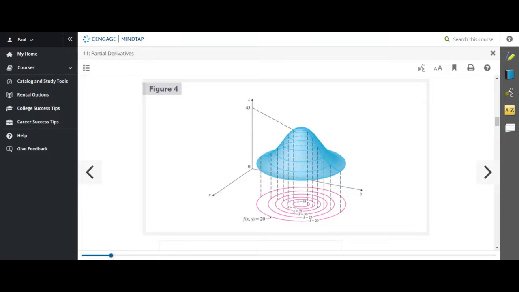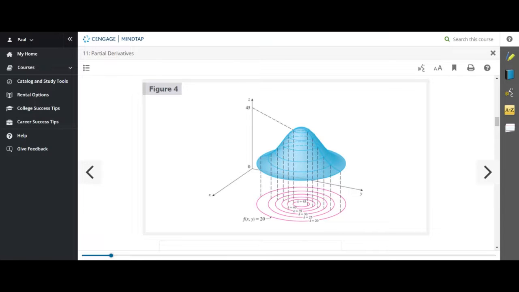And you see what they do there. If you take those cuts in the XY plane, they have drawn what's called a contour plot. That's when you take these level curves that are equally spaced out. You see the level curve k equals 20.